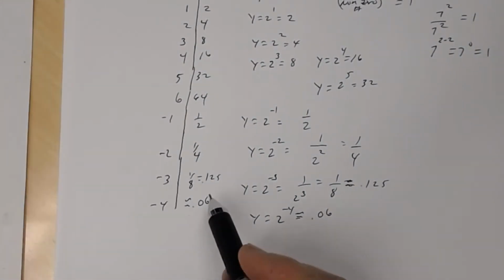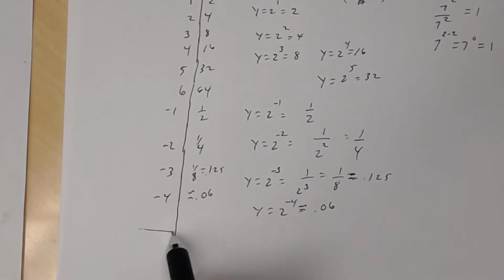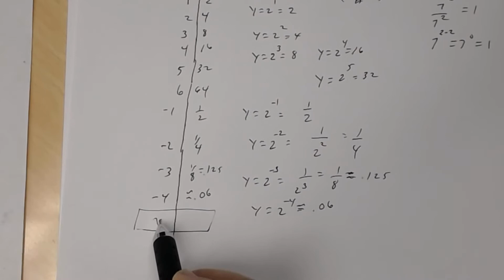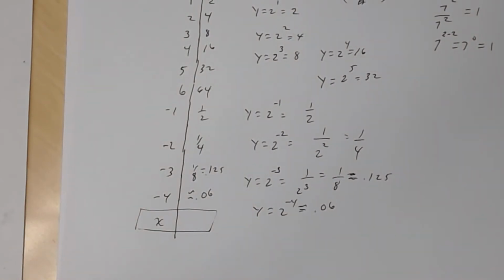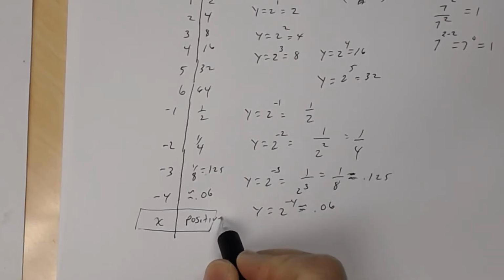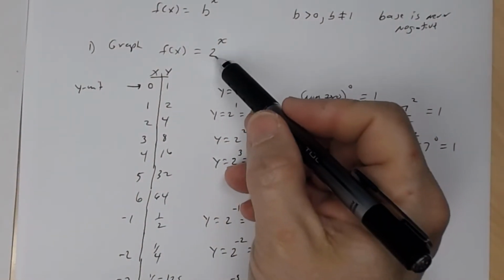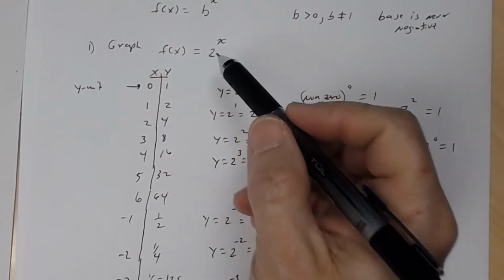But here's the thing: no matter what x value I use, this is always going to be positive. We're always going to have a positive y value. Now remember, we're graphing this function here, so keep in mind that it's this right here that we're graphing.